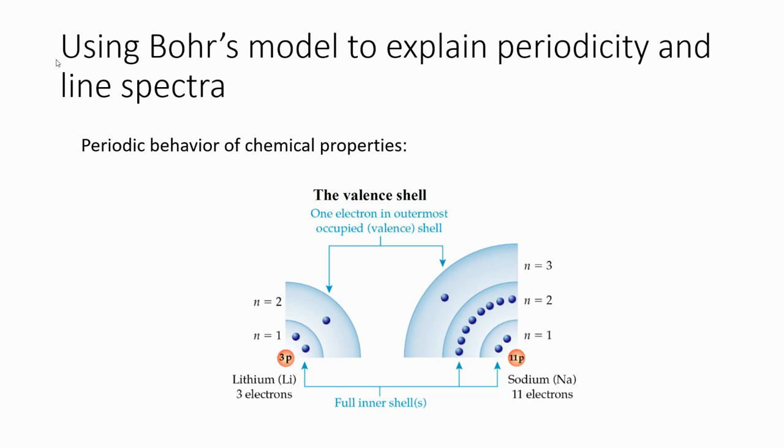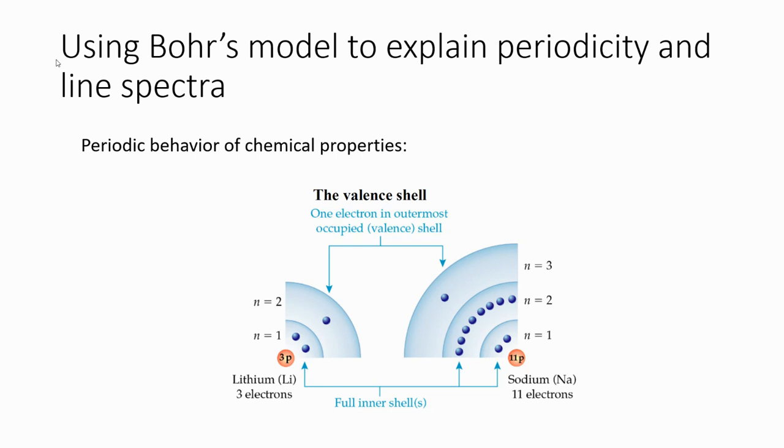We could put elements into groups or columns on the periodic table because they have chemical and physical properties that are similar, but we don't have a rationale for why that similarity exists. That is until we start using Bohr's model as a way of explaining how those similarities begin to appear.